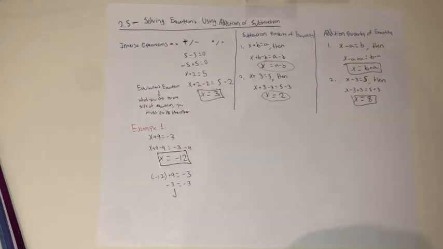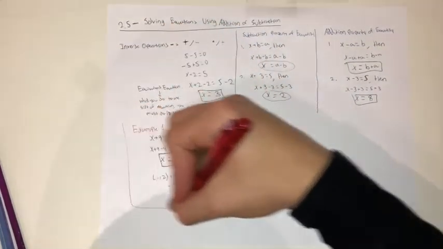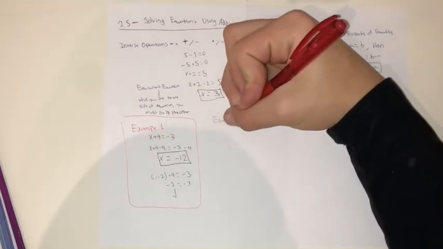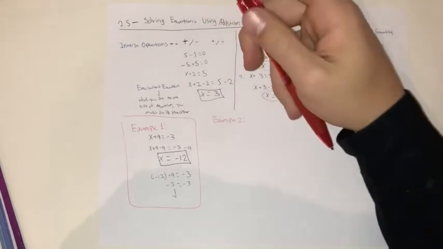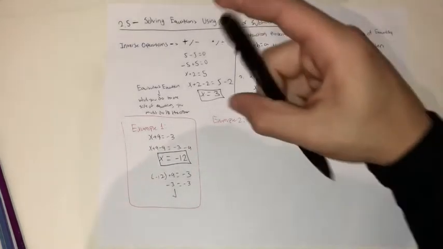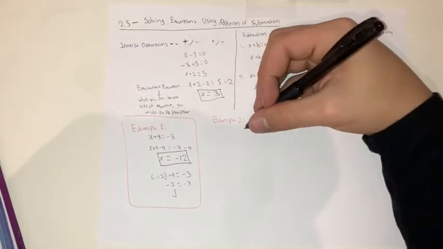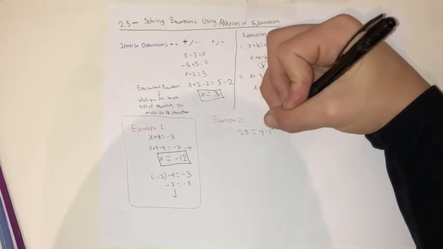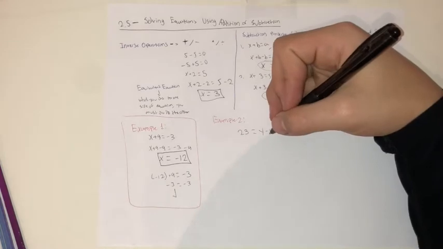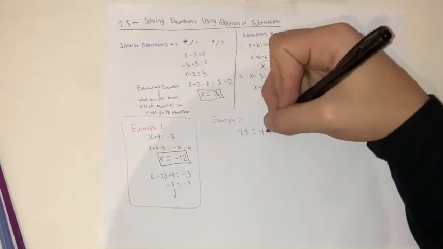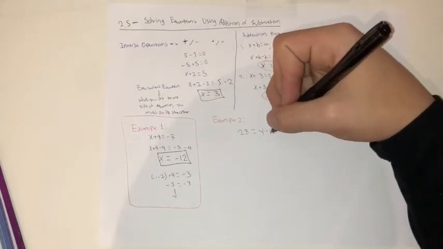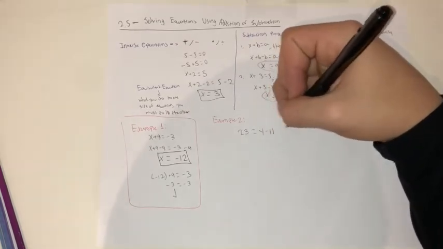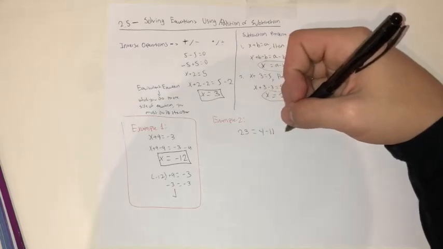This brings us to example 2. Example 2 says we have to solve 23 equals y minus 11. So we have y and negative 11 on this side. To get y alone, we're going to have to add 11 so that this disappears, because negative 11 plus 11 is 0.